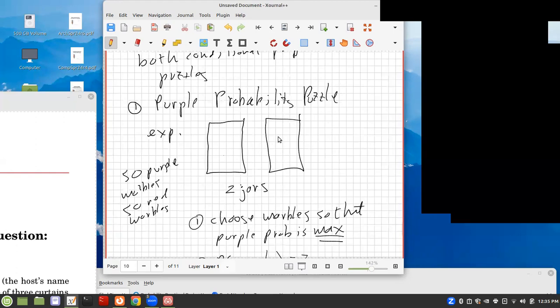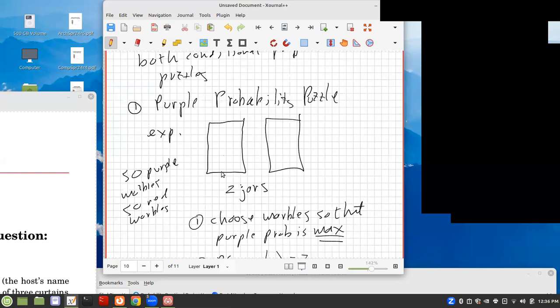In the purple probability thing, it's a question of analysis, of trying to figure out how do I set up the problem? So here, the problem could be, well, you understood the case with 2 jars. What if you have 3 jars? Or maybe you roll a dice to choose the jar, and the dice is loaded.